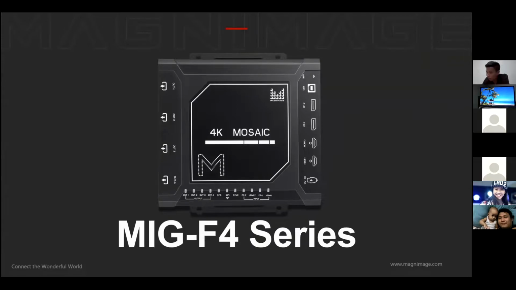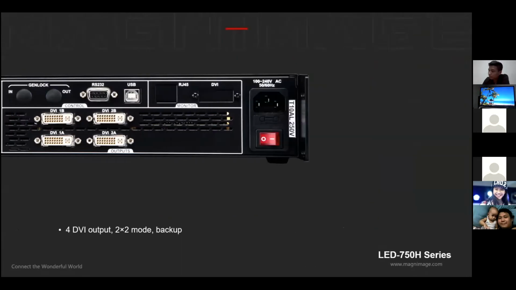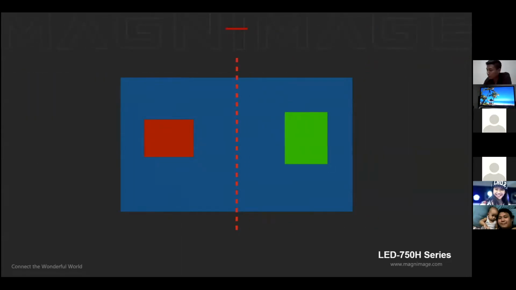Okay, I will answer one question. Mosaic is an auto scaler. The 780 and 750 have the mosaic function. Then I will write an example. From here, you can check LED1 and LED2. The resolution may be 1920 for this one, 1280 for this one, and 1024 here.